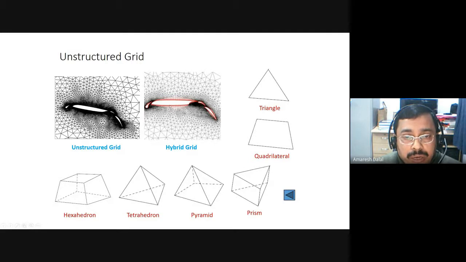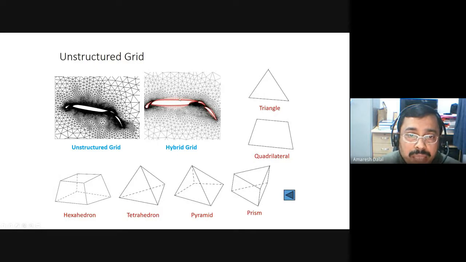So it is better to have a structured orthogonal grid near the high gradient region. You know that near the wall, velocity varies from 0 to some value, so obviously high gradients appear near the boundary. For that reason, it is better to have a structured grid or boundary layer grid, and away from the surface, you can have this triangular mesh.